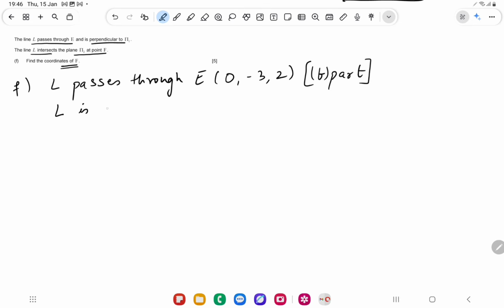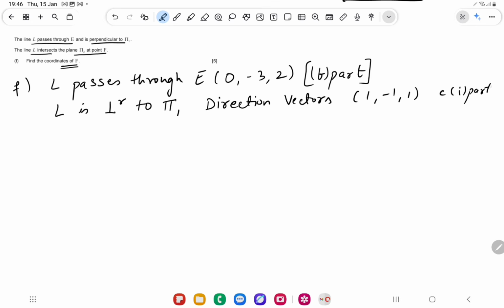Also, L is perpendicular to plane pi 1. So I can write direction vectors as 1, minus 1, 1, which I can take from the first part of C.